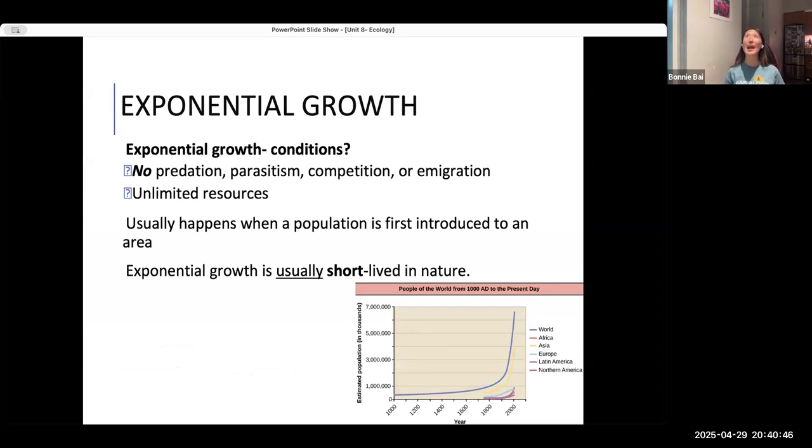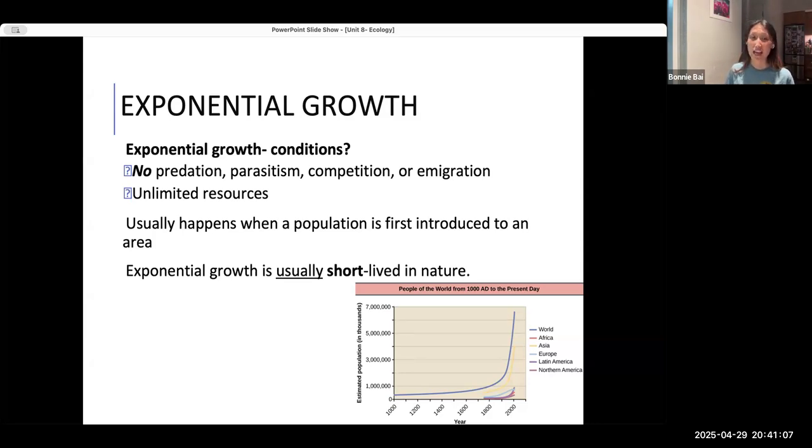So how is that possible, right? Usually it's not possible. Usually it is short-lived, but let's say an invasive species is introduced to an area where there hasn't been that natural balance, where the ecosystem hasn't been able to figure out what is the right number that works for all the different species.